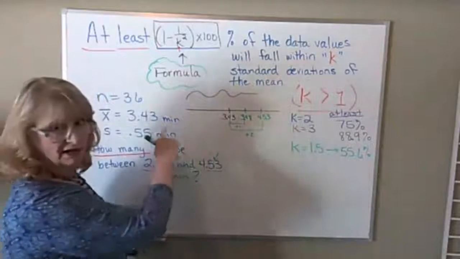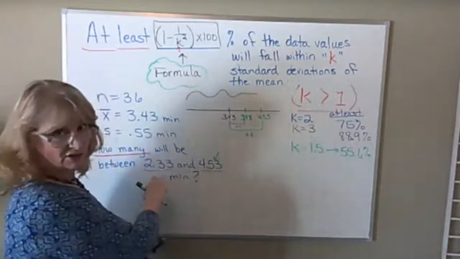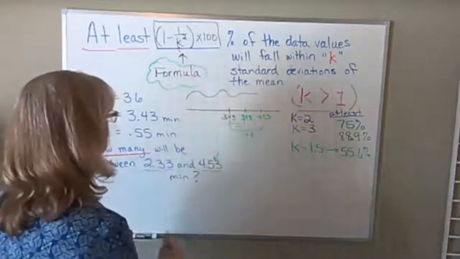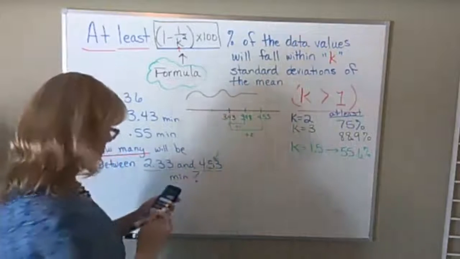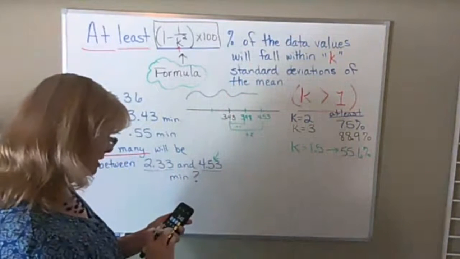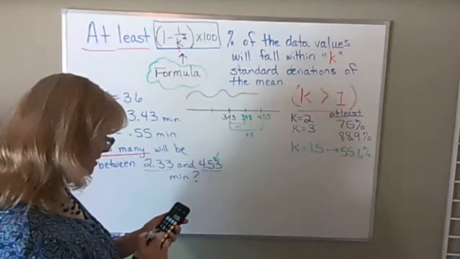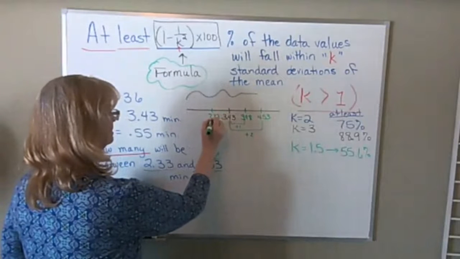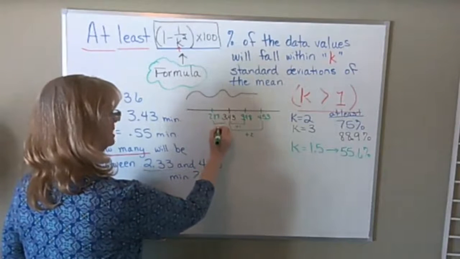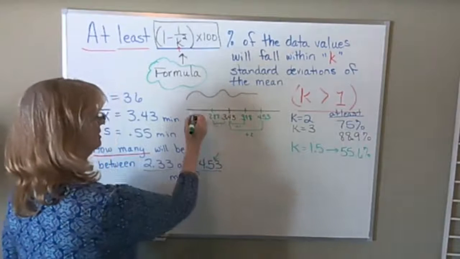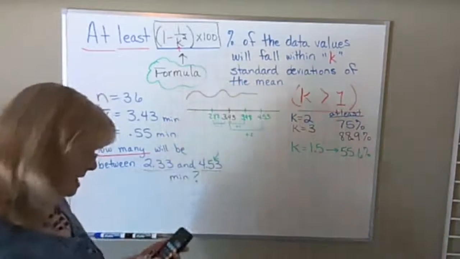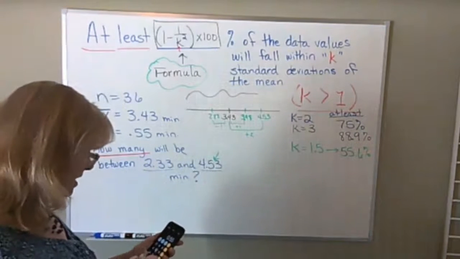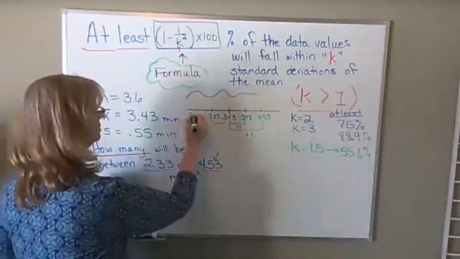Let's go backwards 2 standard deviations from the mean and see if that lands on this 2.33. If I go back 1, I'm going back to the 3.43 and subtracting 0.55. That gives me 2.88. That's minus 1 standard deviation. And then if I subtract another 0.55, I get 2.33.